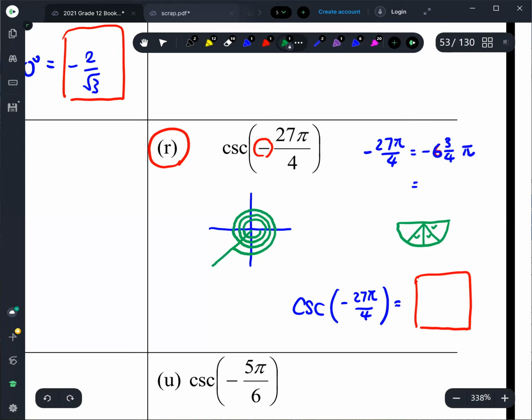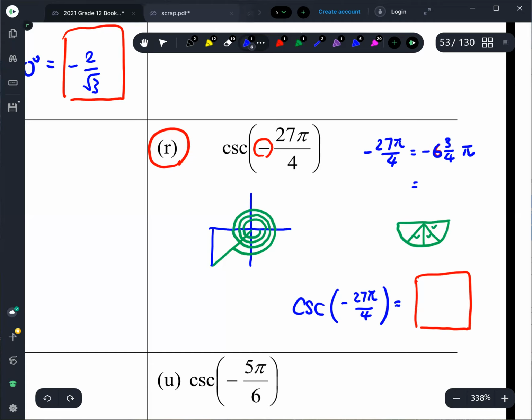So stop there. Okay, we are doing clockwise. So make sure it's a negative angle, so you have to turn clockwise. 6 pi, and then continue 3/4 of a pi. All right, make sure you know how to get the picture.